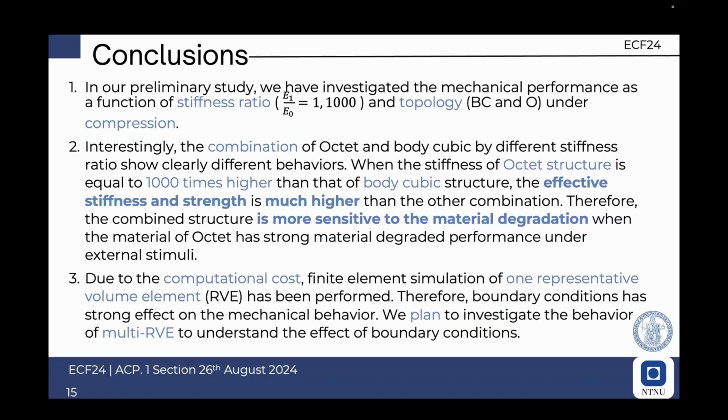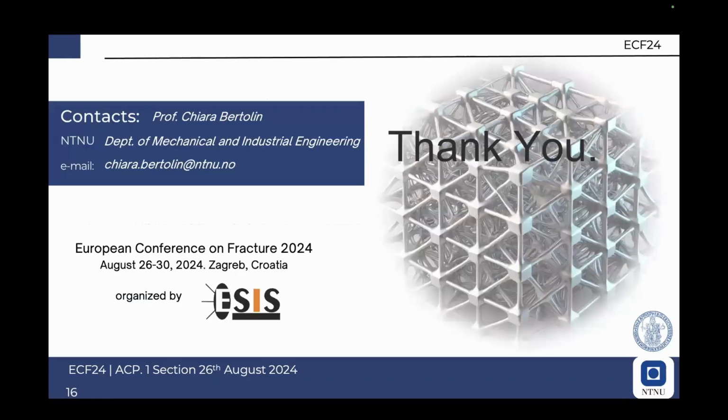This work is still at a preliminary stage because of some issues with convergence and because we just evaluated a single representative volume element, and we need to work more on multi-volume elements in the future. So, thank you very much.